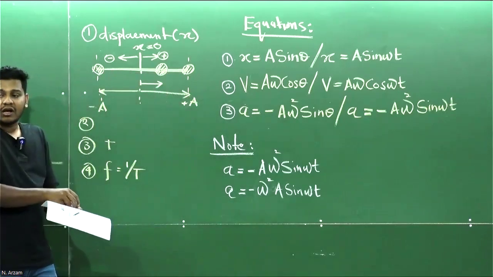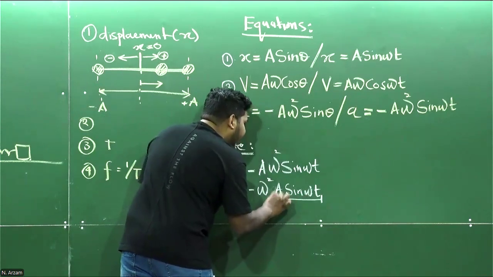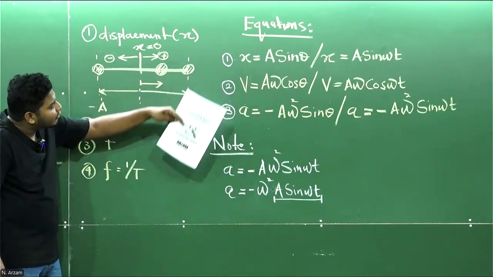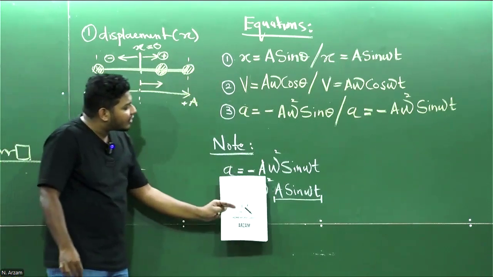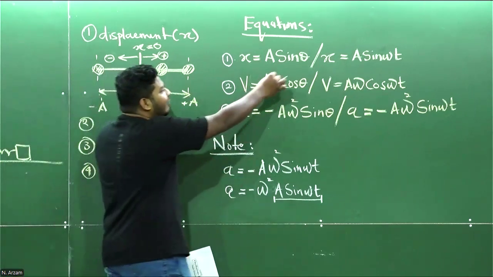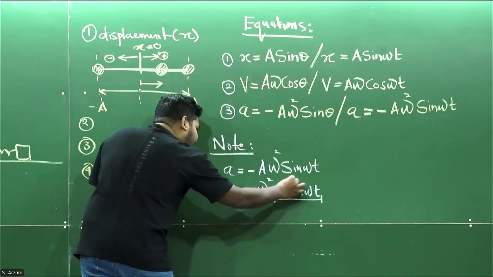Can you tell me what we can substitute for this A sine omega t here? Look at the board. X. Yeah, X is equal to A sine omega t, so we can substitute X for this.